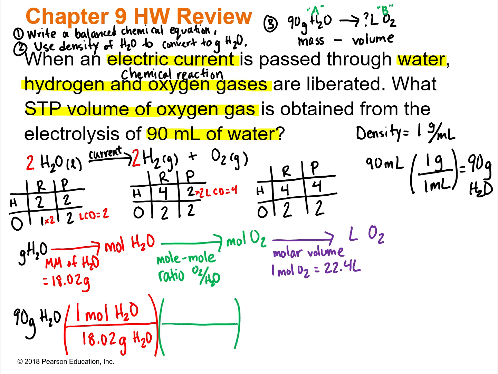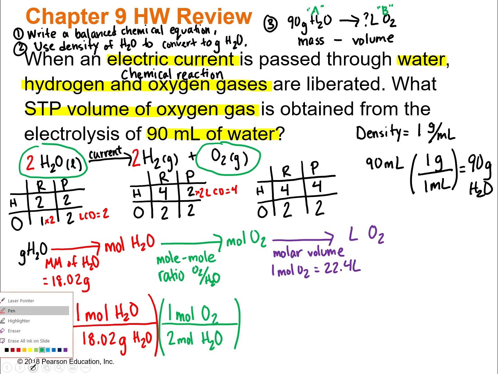You have to go to the chemical equation for that. The number of moles of oxygen gas we get from the chemical equation, 1 mole. Same thing for the water. You go to the equation. There's 2 moles of water. That's our mole-mole ratio.